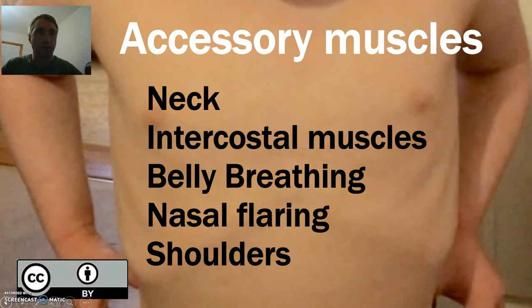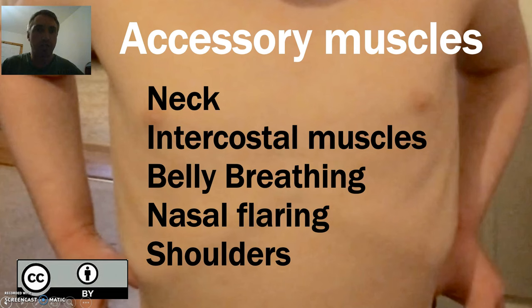Another important aspect, which you may have picked up on when you're approaching these patients or come into contact with them very quickly, is accessory muscle use, and this will indicate shortness of breath. They may be using the muscles in their neck, the muscles in between their ribs, their intercostal muscles. You might notice what we call belly breathing, using the abdominal muscles for breathing.